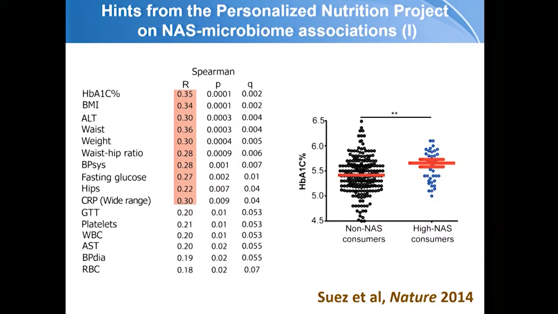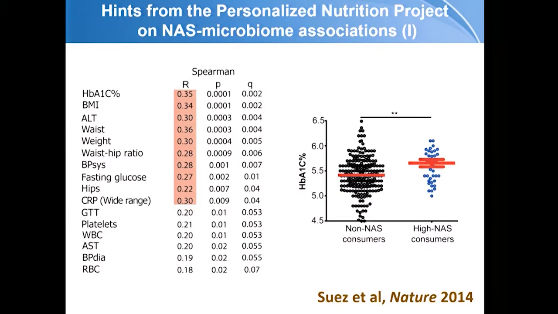And of course, this was a completely naive observation, possibly completely caused by reverse causation. So this by itself does not tell you anything. But for us, it was peculiar and even interesting.